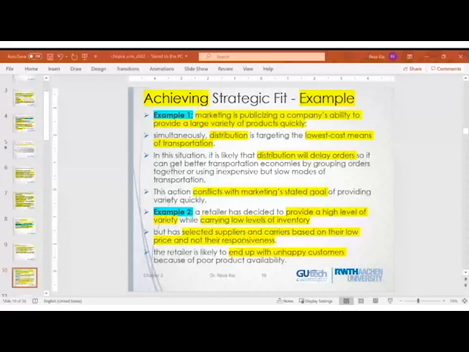Any idea? I think these are two main transportation policies.